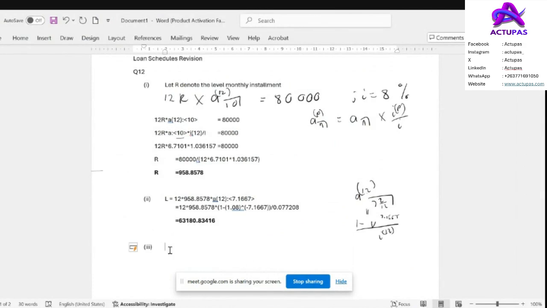So our effective monthly interest rate would be 9% divided by 12, which is equal to 0.75%. That's the interest rate that we are working with. Now we want to determine when the final payment will be made.